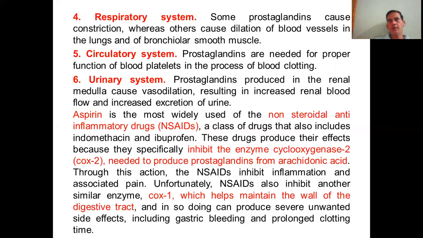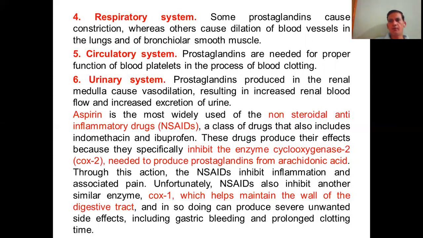So arachidonic acid is not converted to prostaglandin when COX2 is inhibited. So NSAIDs inhibit inflammation and the associated pain. That's the reason that in cases of inflammation and pain, most of the time doctors recommend taking aspirin.